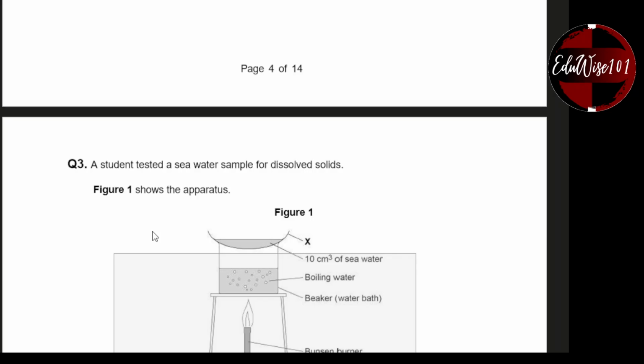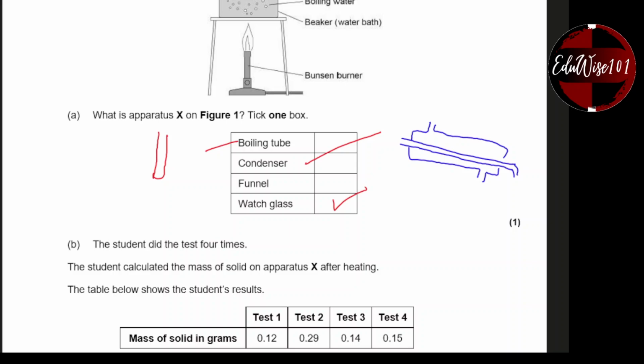A condenser basically looks like this, and the funnel obviously looks like that, right? Now, you probably haven't seen a condenser in year 9 yet.